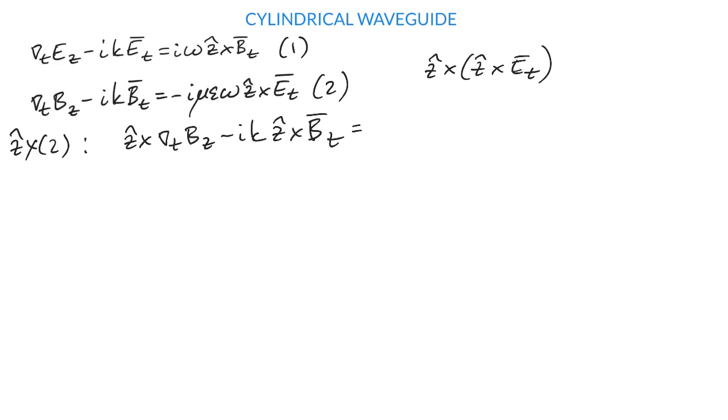Now, using the BAC-CAB rule, the BAC term is 0 because z is orthogonal to Et. So this gives me minus Et. Very simple. So the right hand side is i μ ε ω Et. And let's also multiply this equation by ω.